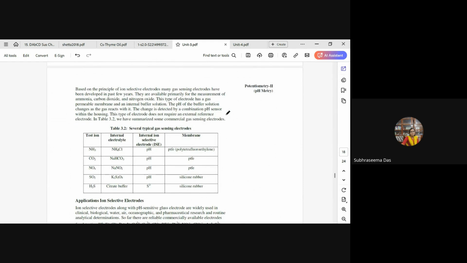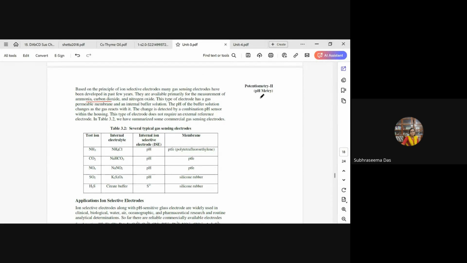Now, based on the principle of ion selective electrodes, many gas sensing electrodes have also been developed. These gas sensing electrodes can sense ammonia, carbon dioxide or nitrogen oxide, during measurement of air pollution. This type of electrode has a gas permeable membrane and an internal buffer solution. The pH of the buffer solution changes when the gas reacts with it.